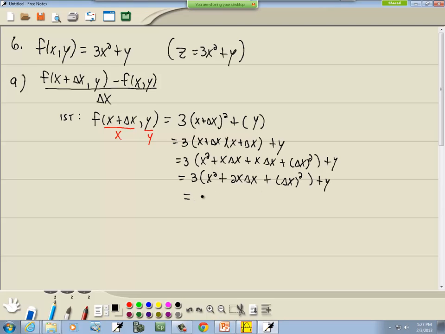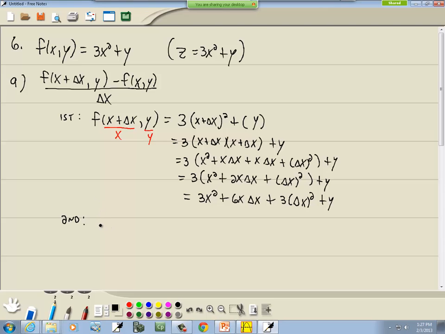And then I'll multiply the 3 through. So I got 3x squared plus 6x delta x plus 3 times delta x squared plus y. Now we're ready to plug it in our formula.